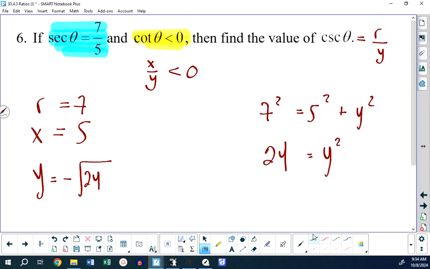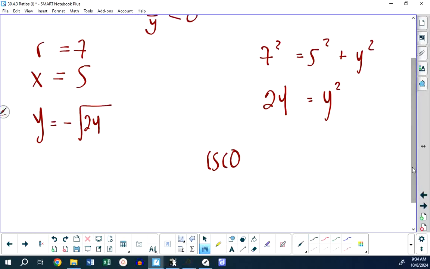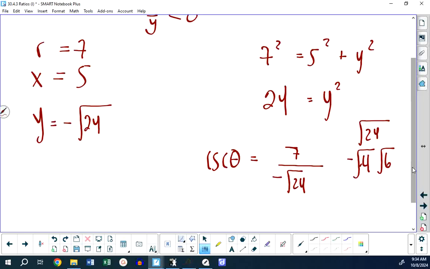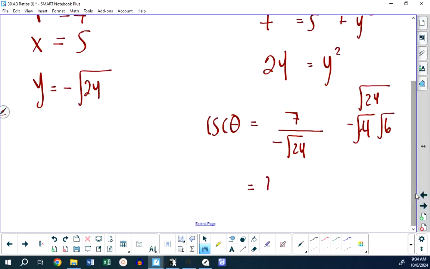The answer to the question is cosecant of theta is r over y, which is 7 over negative root 24. 24 is 4 times 6, root 4 is 2. So it's 7 over negative 2 root 6. I'm going to throw the negative on top where I always like it to be.